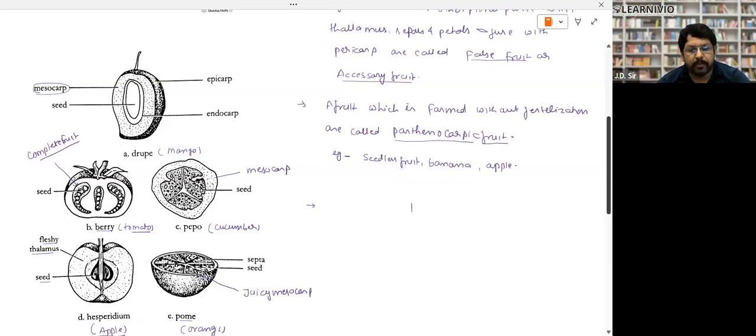So fruit may be of two types: simple fruit and the second one compound fruit or aggregate.